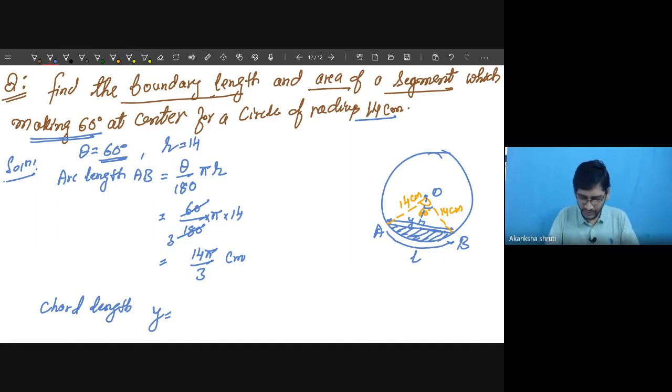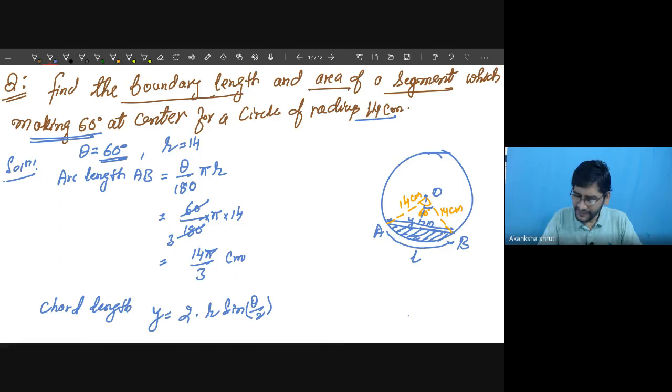You may apply trigonometry, or remember the formula, as this is the double. So double of one of these sides, say MB, but MB is obtained by R sine of theta by 2. So by applying trigonometry, you can quickly write it.